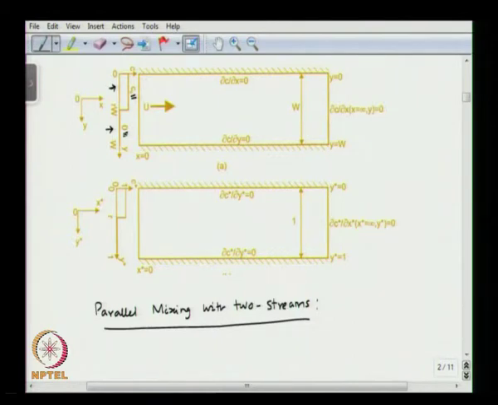Then we can define, depending on the mass flow rate ratio R, the interface here. So, this will be R times W, and W is the total width of the channel. Okay.